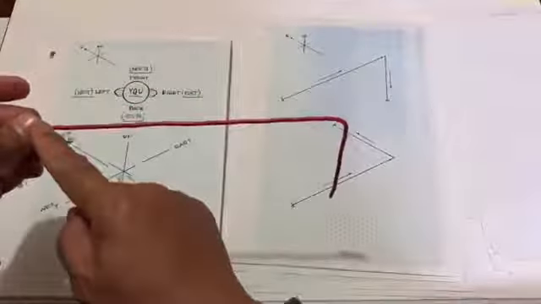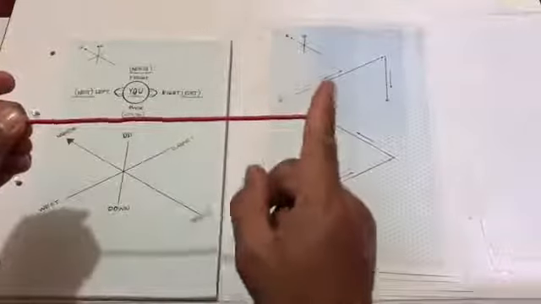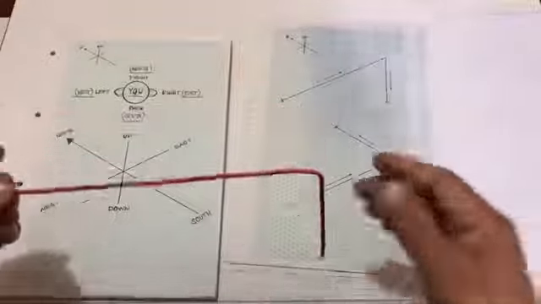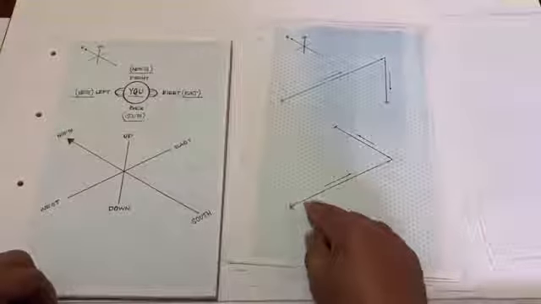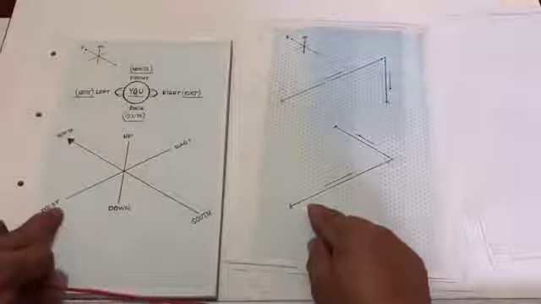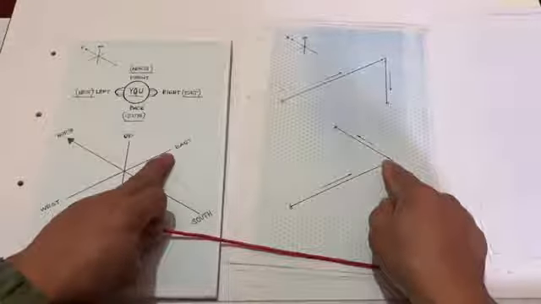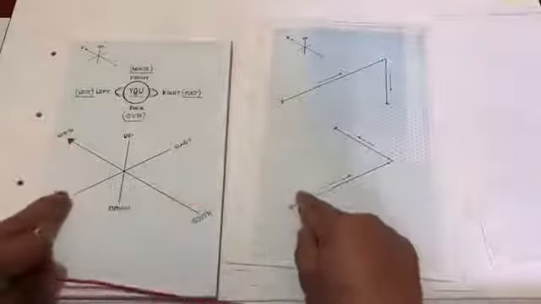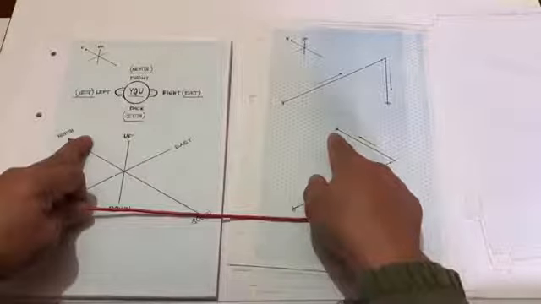Okay, from the west to the east, it went down. Right. From the west to the east, then bend to the north. Okay? From the west to the east, it bent north.